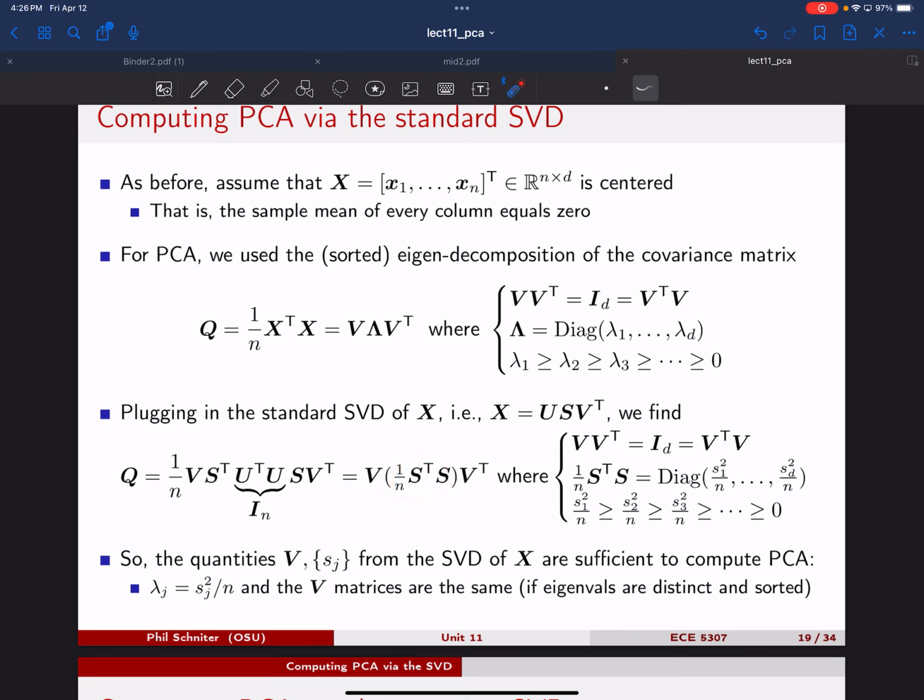So just noticing the correspondence here, the V that you get from the SVD is identical to the V that you would get from your eigendecomposition of Q. And meanwhile, the lambdas are nothing more than the singular values squared divided by n.